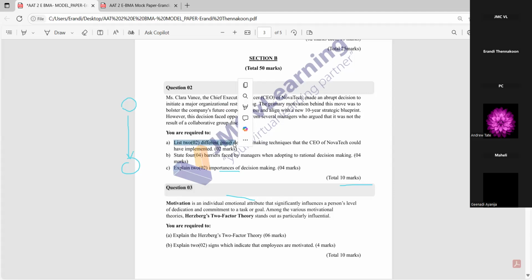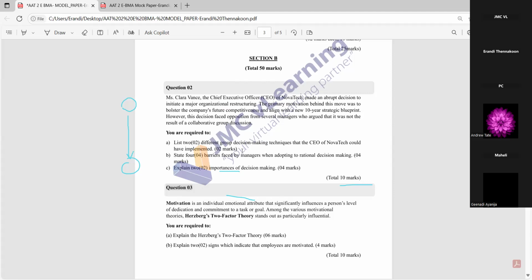So what are these group decision making techniques you have learned so far? There's the Delphi technique, right? The Dedux method, the nominal group technique, brainstorming. Can you remember these techniques which we have completed under decision making? So you have to state two of those four decision making techniques.